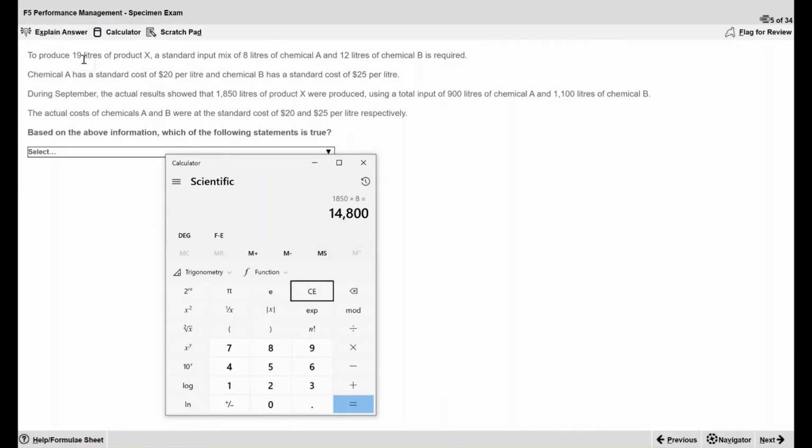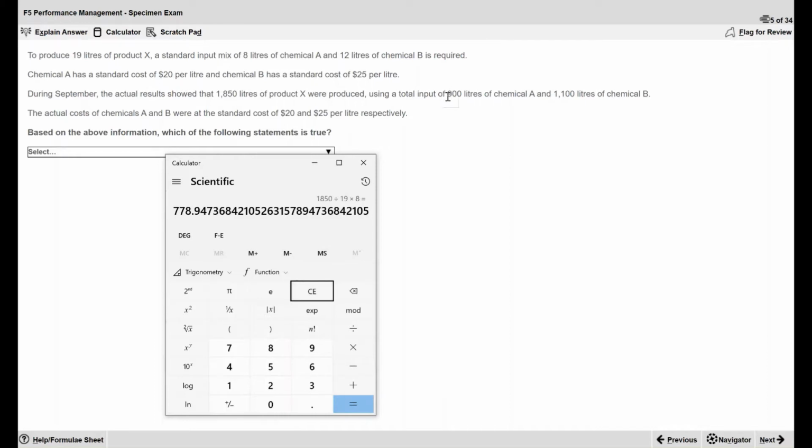Every 19 liters requires 8 liters of A, so 1850 divided by 19 multiplied by 8 gives us 778.9 liters that would have been used if we had followed the standards.